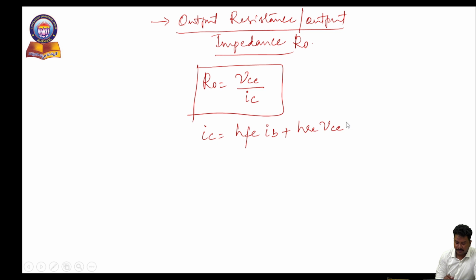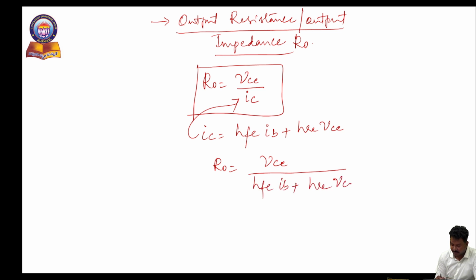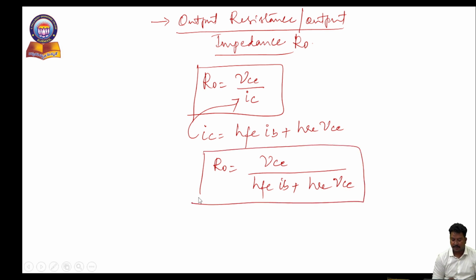Now I am substituting this value. R naught is equal to VCE divided by HFE into IB plus HRE into VCE. Now from the AC equivalent model, once again I am trying to simplify this R naught. It is not completed; I am just trying to highlight here.